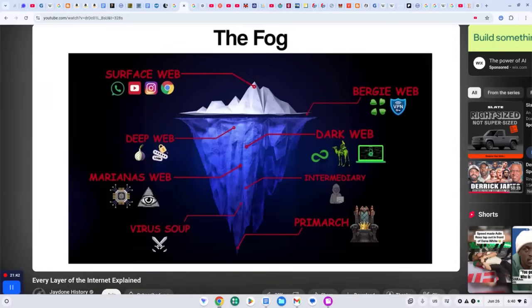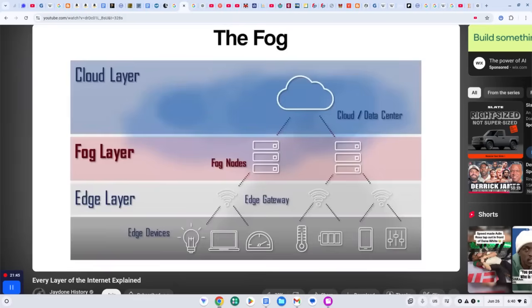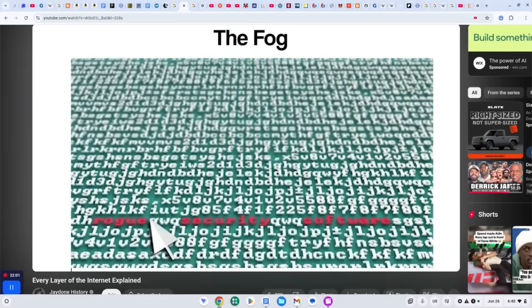This layer is said to exist beneath all known or theorized layers of the web, representing a zone filled with rogue code, self-replicating viruses, corrupted data fragments, and abandoned software. The name virus soup paints a vivid image of this layer, a swirling mass of outdated, fragmented, or malicious digital content. In theory, this layer consists of unmanaged data and code that were once active parts of higher web layers but have since decayed, mutated, or been abandoned.